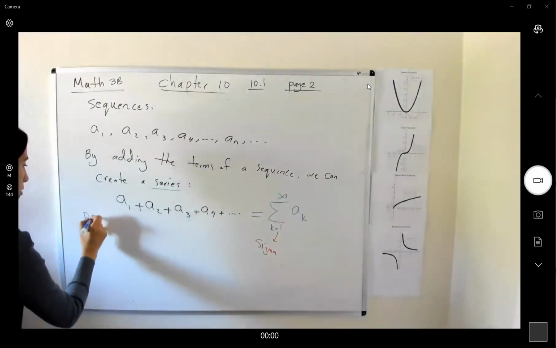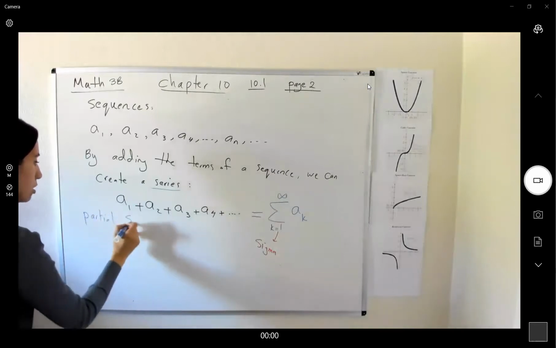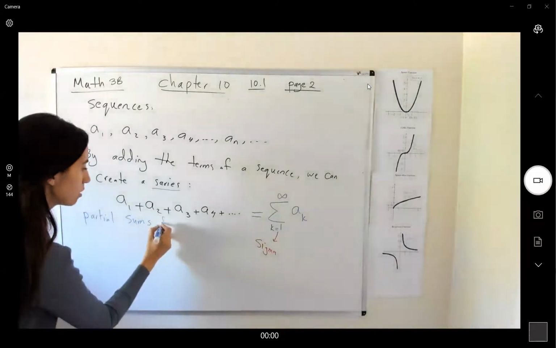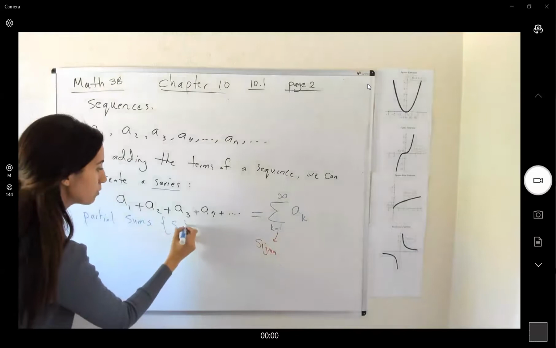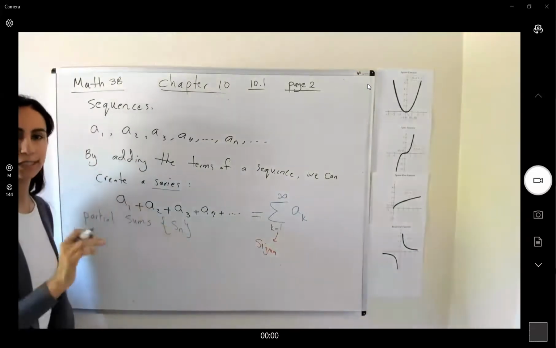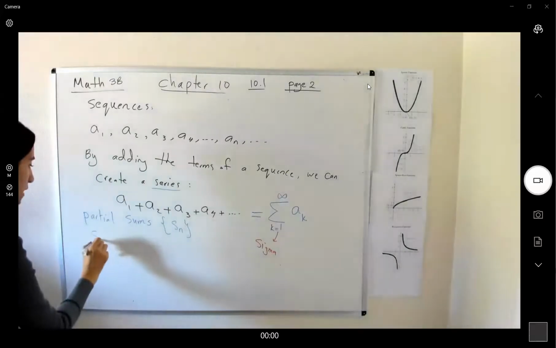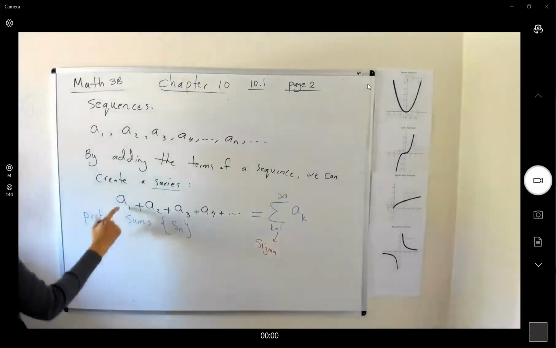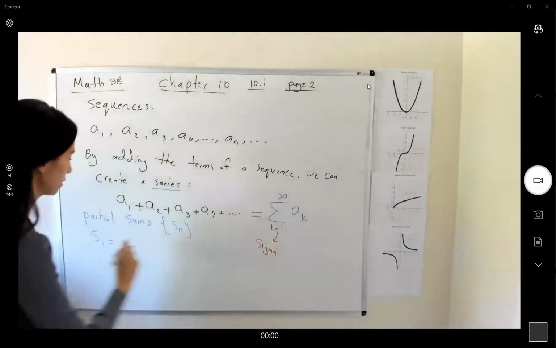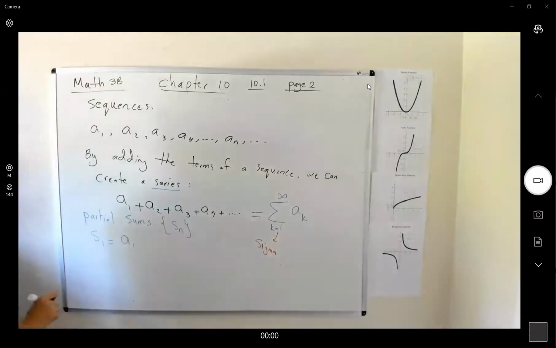The partial sums, which are denoted by a sequence S sub n, are defined this way. S sub 1 is the first term of your series, a sub 1.